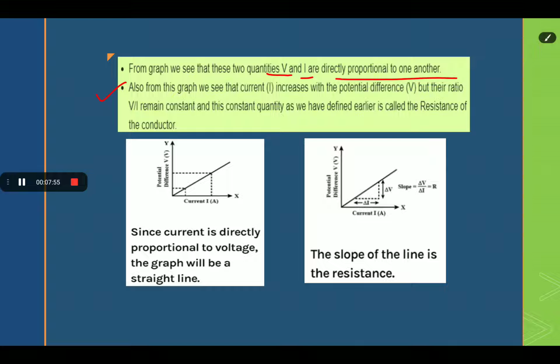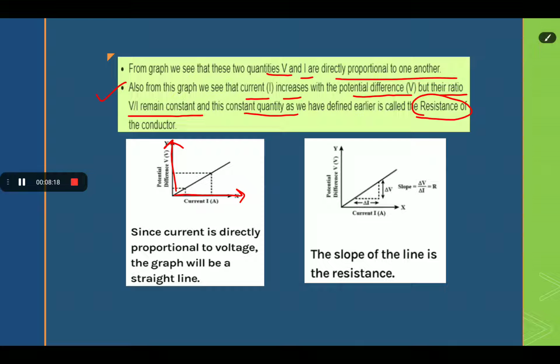From this graph, here the current is taken on the x-axis and the potential difference is taken on the y-axis. The current I increases with the potential difference, but the ratio V by I remains constant, and that constant quantity we have defined as the resistance of the conductor.